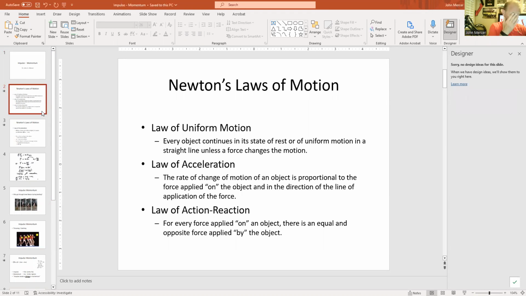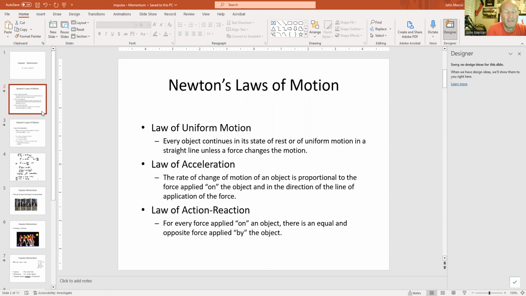So the impulse momentum relationship is all predicated on understanding Newton's laws of motion. And you've had a presentation on this, but it's good to always go back and review this. So the first law of motion is really an observation, a law of uniform motion. Every object continues in its state of rest or of uniform motion, which would be constant velocity, in a straight line unless a force changes the motion.